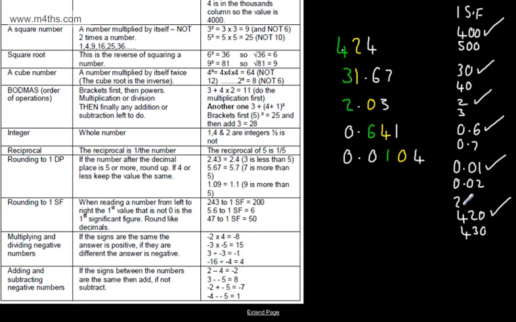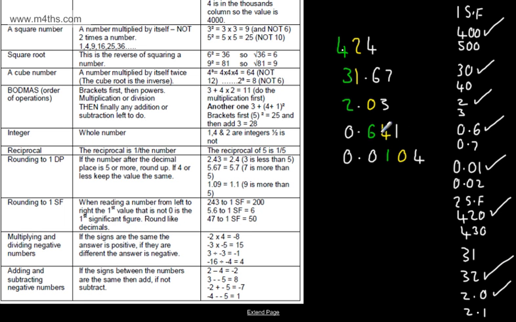This now is to two significant figures. This one we would round to the nearest unit. My choices are 31 or 32. We got a 6 afterwards, so we're going to round up. This one we would either round to 2.0 or 2.1. We can see that 3 is going to be less, so it's 2.0.